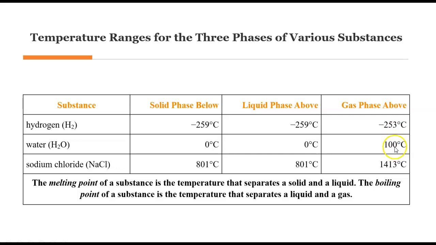For water, the gas phase is 100 degrees Celsius, and for sodium chloride it is 1,013 degrees Celsius.